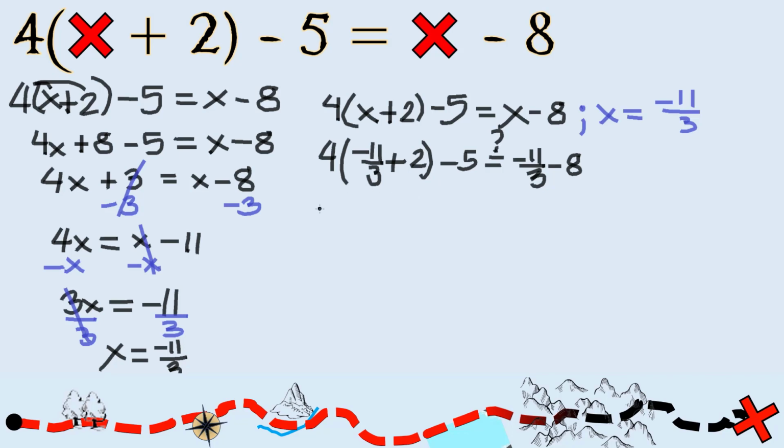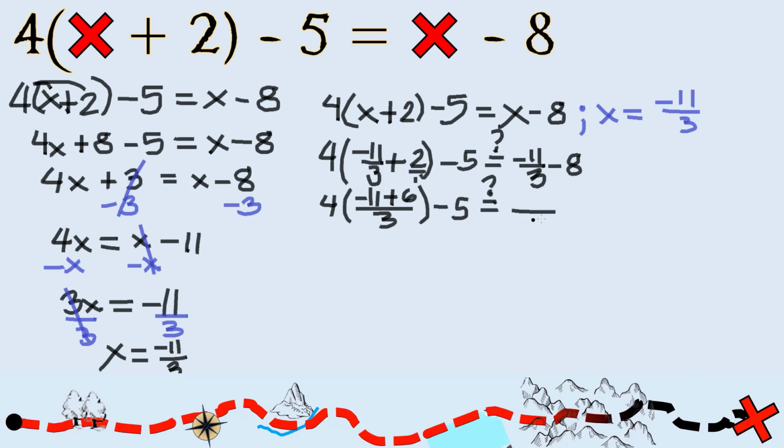We have PEMDAS. We start with the grouping symbol. Your LCD is 3 because 2 can be written as a fraction, 2 over 1. So 3 divided by 3 is 1 times negative 11 is negative 11. 3 divided by 1 is 3 times 2. You have here 6. So that's plus here. We still have minus 5 here. Is equal to, still question mark.